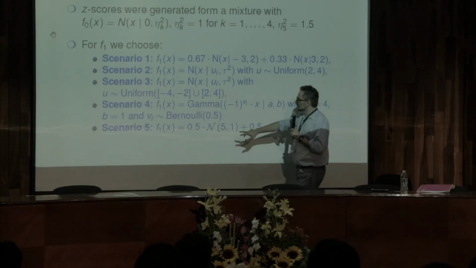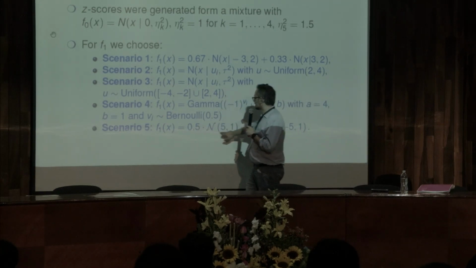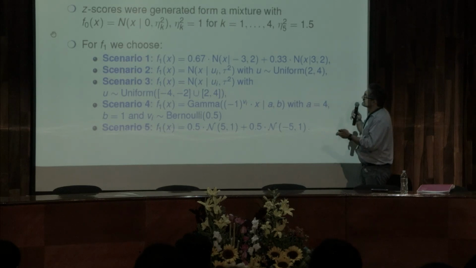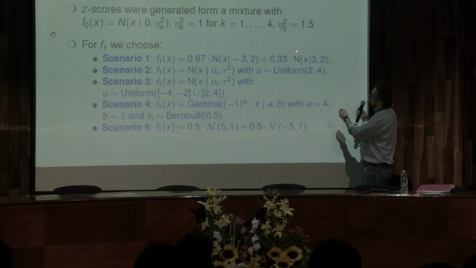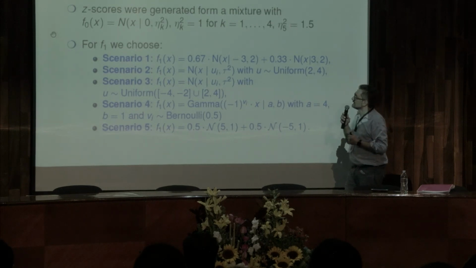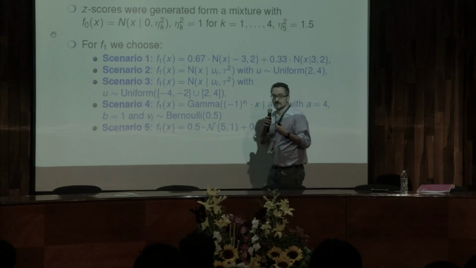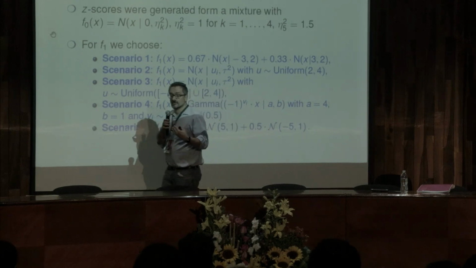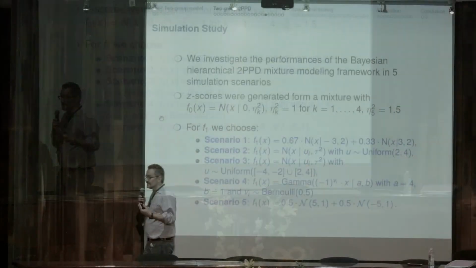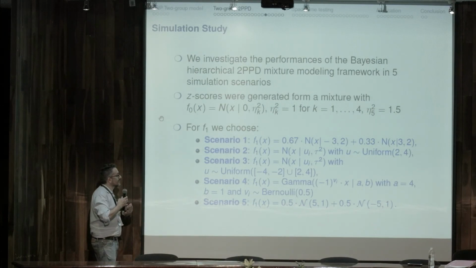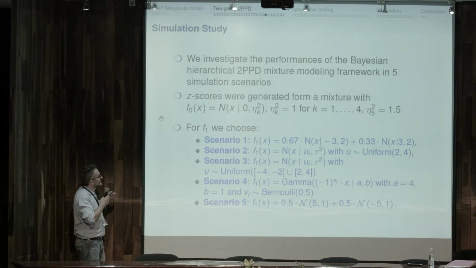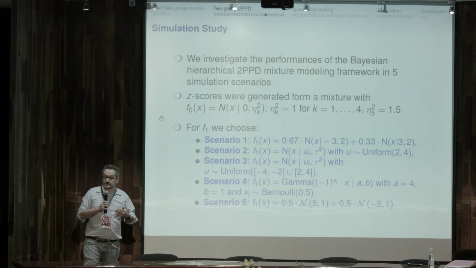Scenario 5 is peculiar because the alternative is very simple, but for scenario 5, we are expecting that the F0 is not the usual normal 0, 1, it actually has larger, heavier tails. So it's a departure of the model from the idea that the theoretical null should be standard normal.